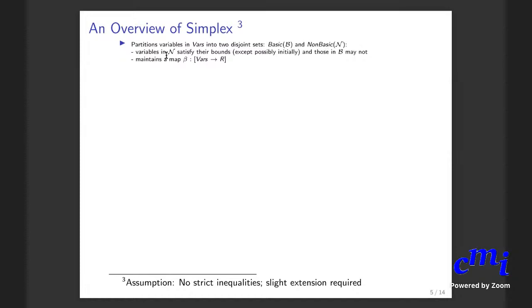Okay. So the way the algorithm operates is that at every step, after it performs certain major operations, it maintains that the non-basic variables satisfy their constraints, and the variables in the basis, any one or more of the basic variables, may not satisfy their inequality constraints.